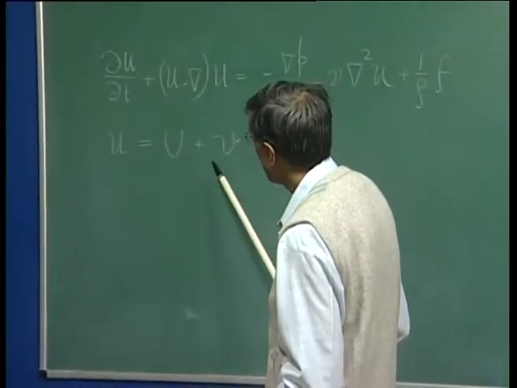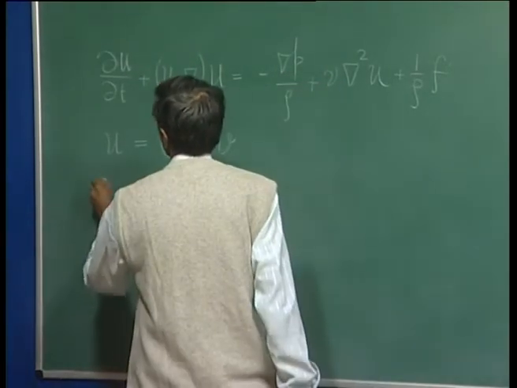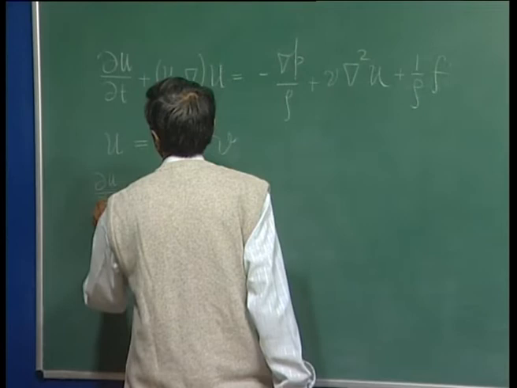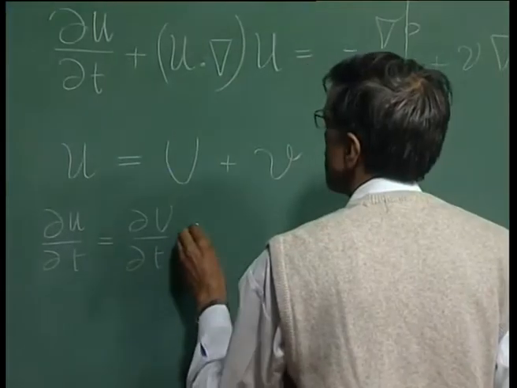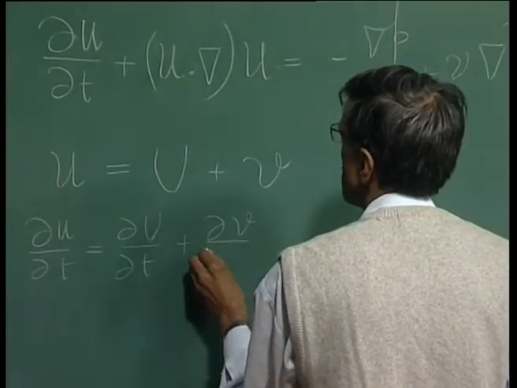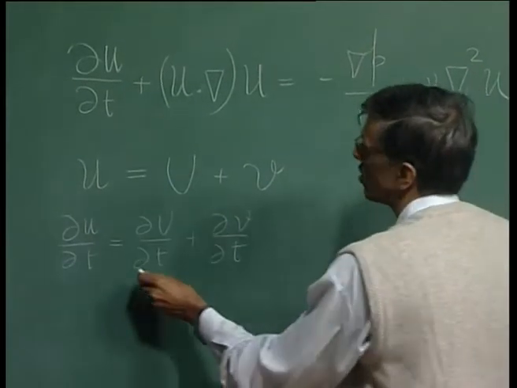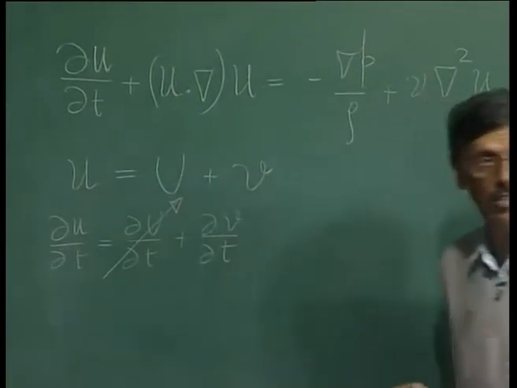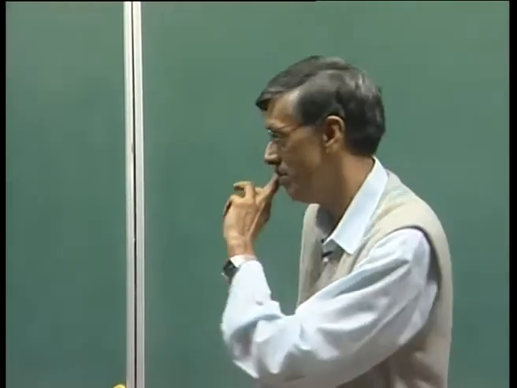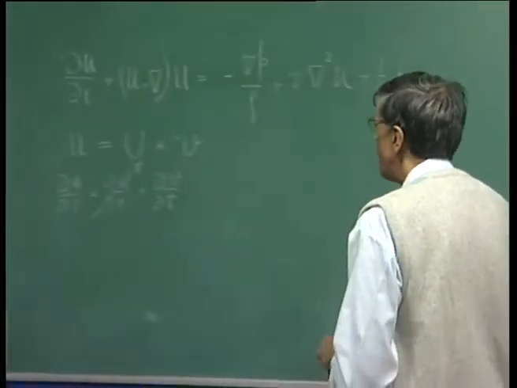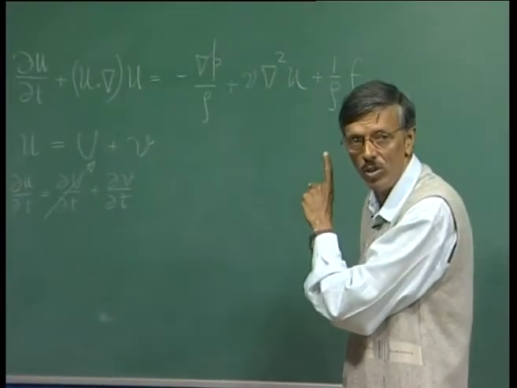If I now substitute this kind of decomposition in this, what will happen to this term? This will be this. Right. So, by definition, of course, this is 0 because U is the time averaged quantity, so it is not a function of time. So, that goes off. Now, if I average this equation, so that means what?